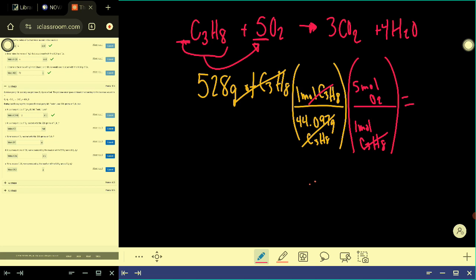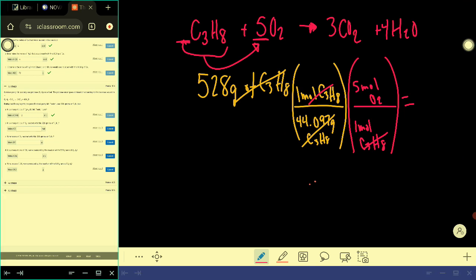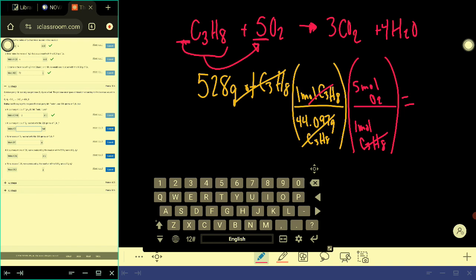So I take 528 divided by 44.097 times 5, and my calculator says 59.868. I have 3 sig figs, so let's go 59.9.